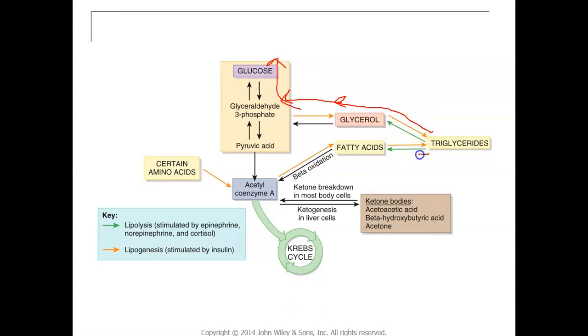At the same token, those fatty acid tails can undergo a process called beta oxidation, and that's where they can become acetyl-CoA. That's one of the characteristics of fats, that the fats in and of themselves can enter into the Krebs cycle.